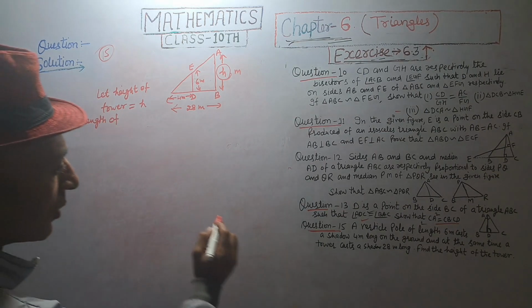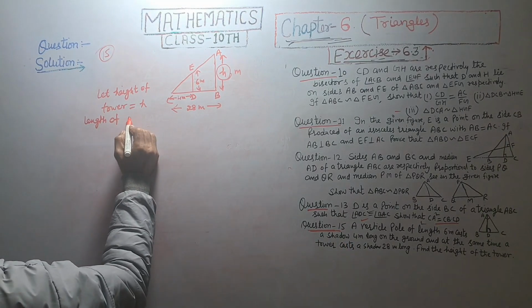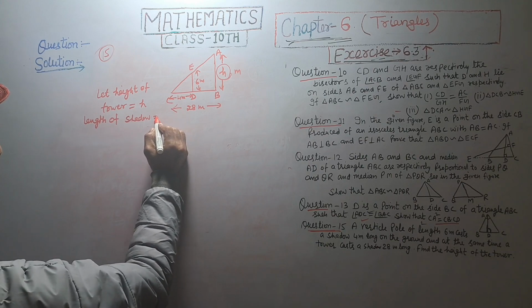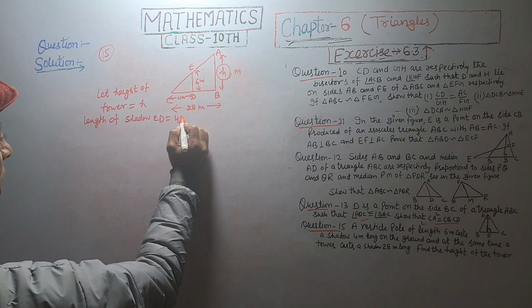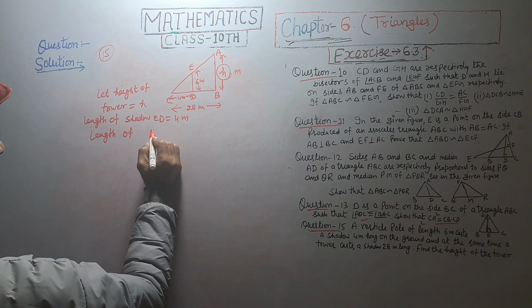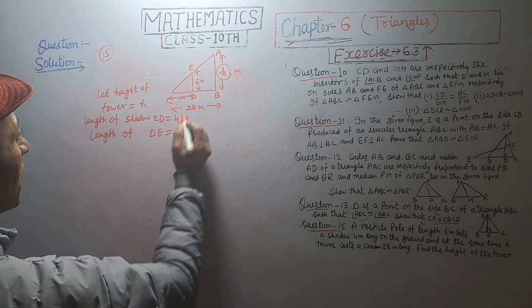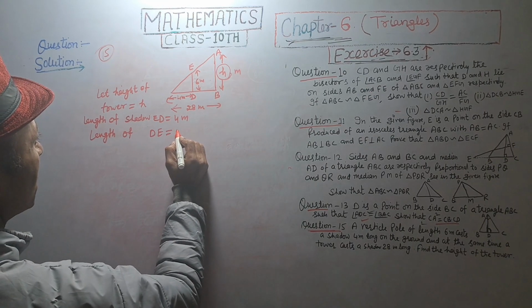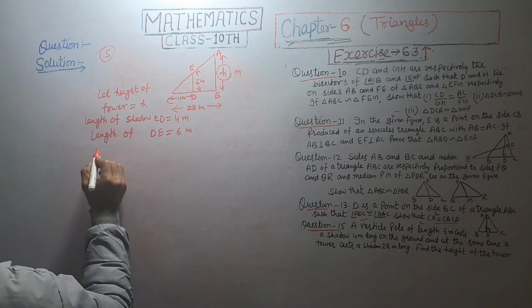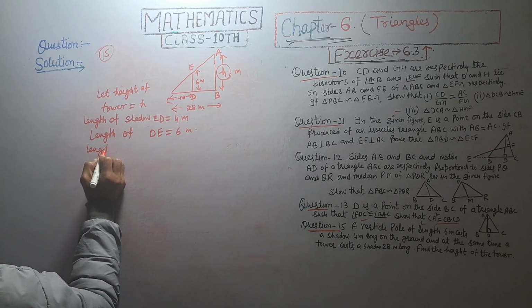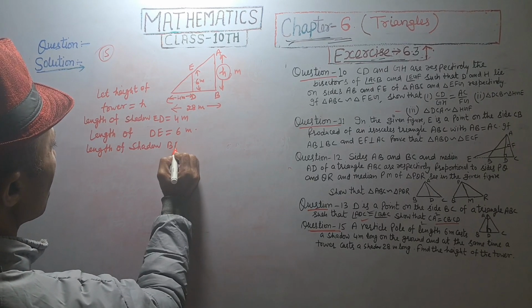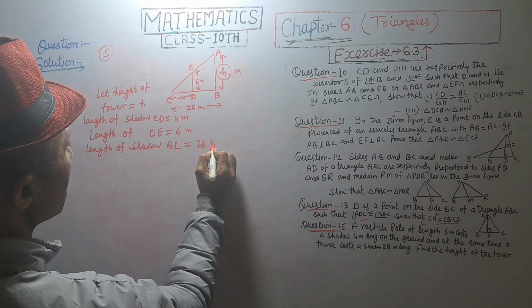Length of shadow CD is equal to 4 meter. Length of vertical pole DE is equal to 6 meter, and length of shadow BC is equal to 28 meter.